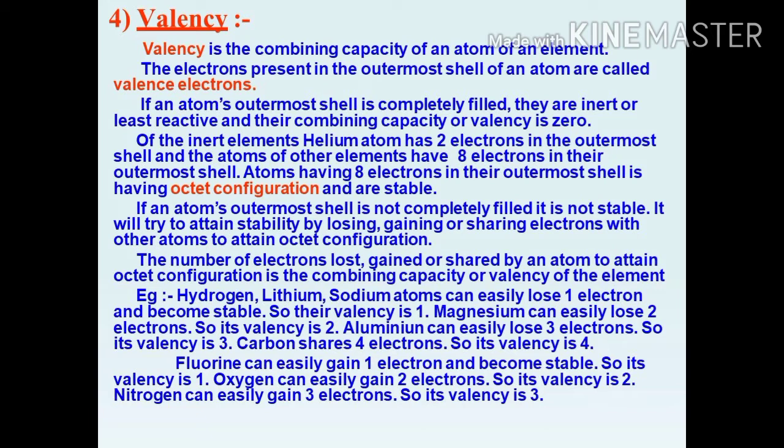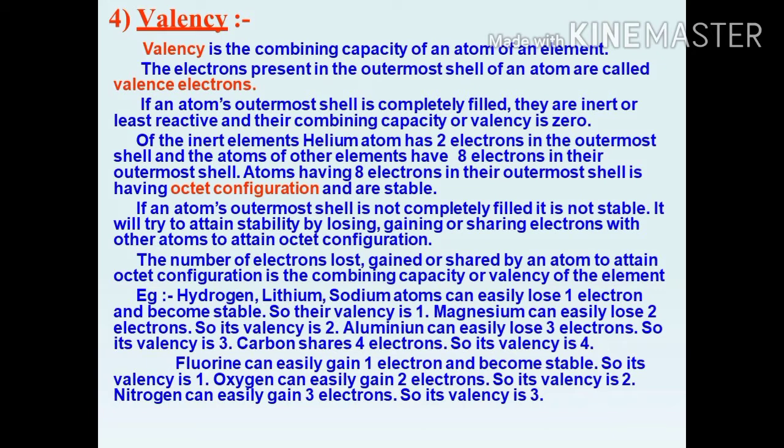How can we calculate the valency? If the number of electrons in the outer shell is between 1 to 4, the element is said to have positive valency. See page number 51, table column, hydrogen. The outermost shell of hydrogen contains only one electron, so its valency is 1.